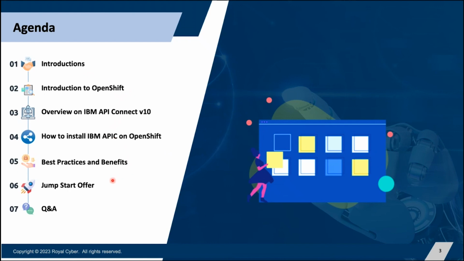And then finally, at the end, we will talk about our Jumpstart offer, which is going to be really unique for our customers who are attending this webinar for the first time, or even for that matter, second or third time. And then at the end of this webinar, we will have the question and answer session.